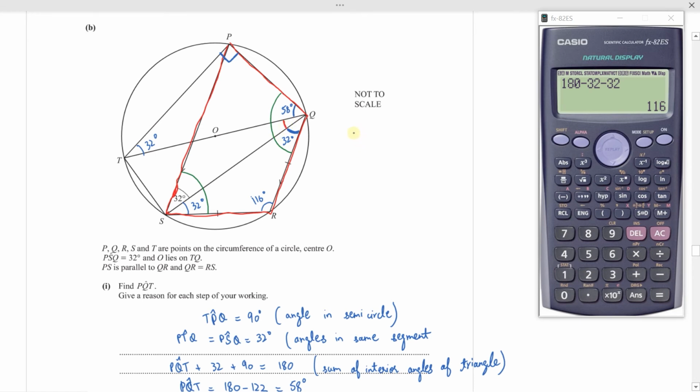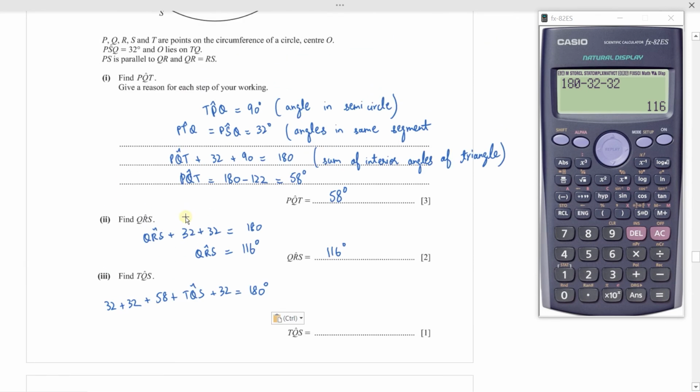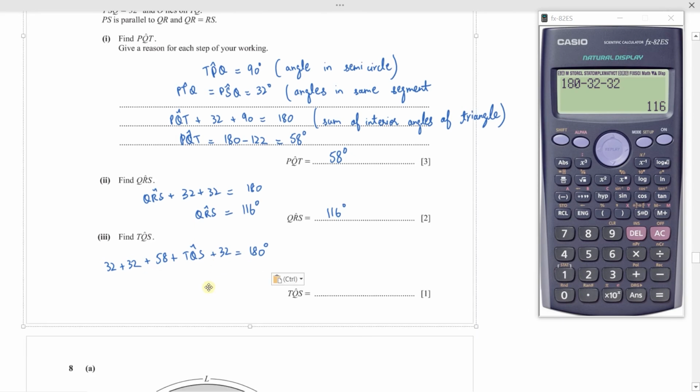So let me write down the equation here: 32 plus 32, plus 58 plus TQS plus 32 should equal 180 degrees. So 32 plus 32 plus 58 plus 32 is 154.